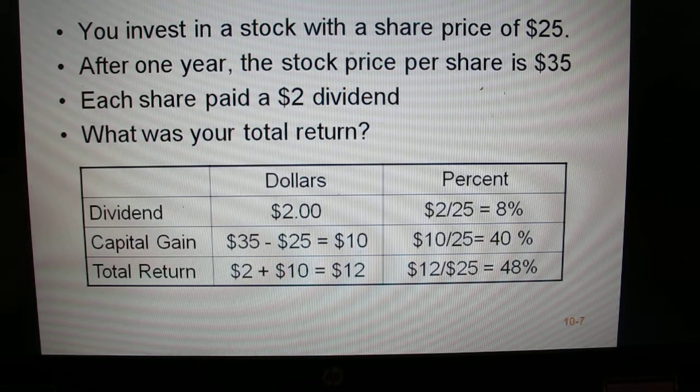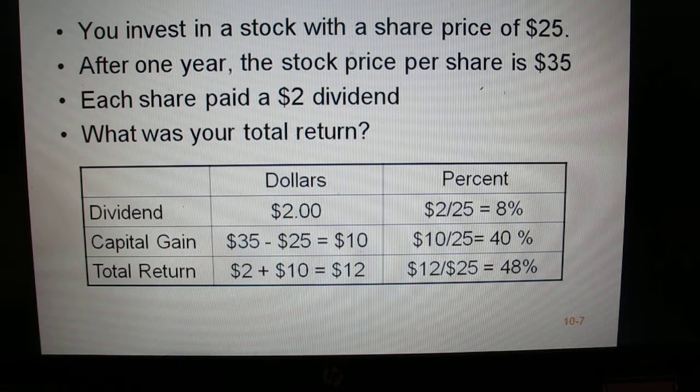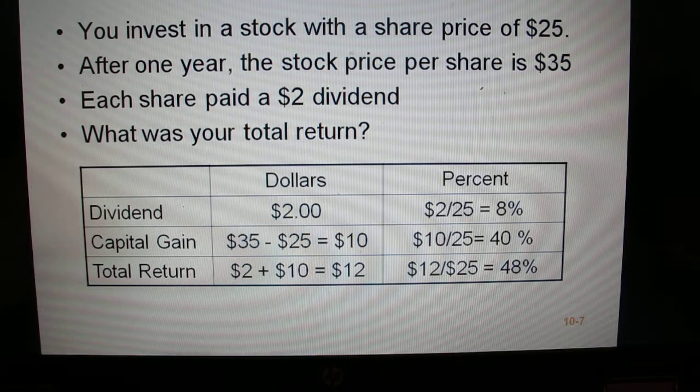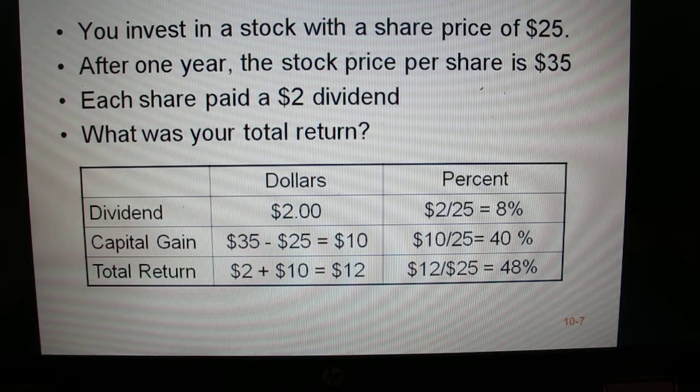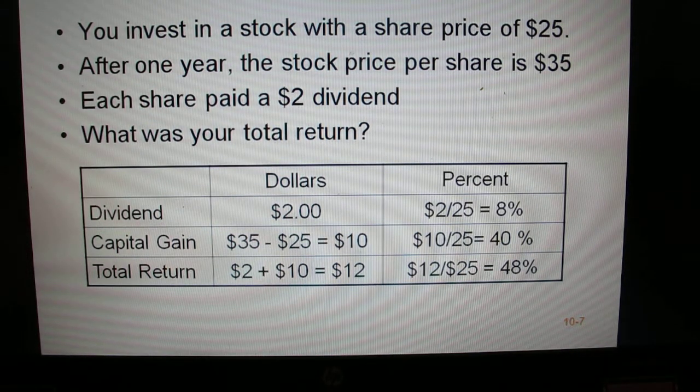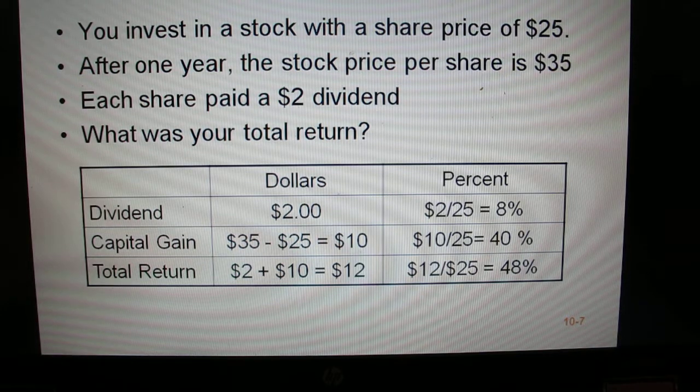So let's go through a quick example here, calculating total dollar and total percentage returns. Let's just say you invest in a stock with a share price of $25, and after a year, the stock price per share is $35, so it's done quite well. Each share also paid a $2 dividend. So the question is, what is your total return? To start out, let's look at the dividend yield.